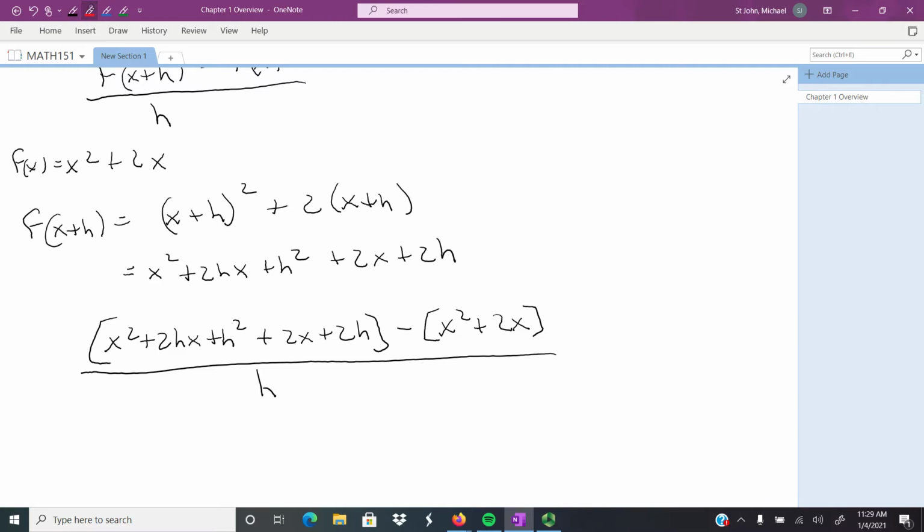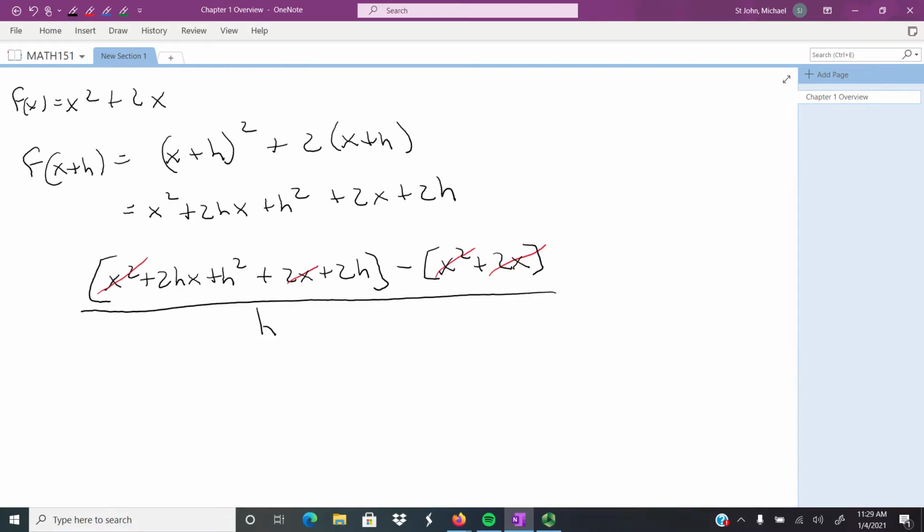And of course now I can do some canceling. So the x squared and the x squared and the 2x and the 2x. So we're left with a 2hx plus h squared plus 2h all over h.